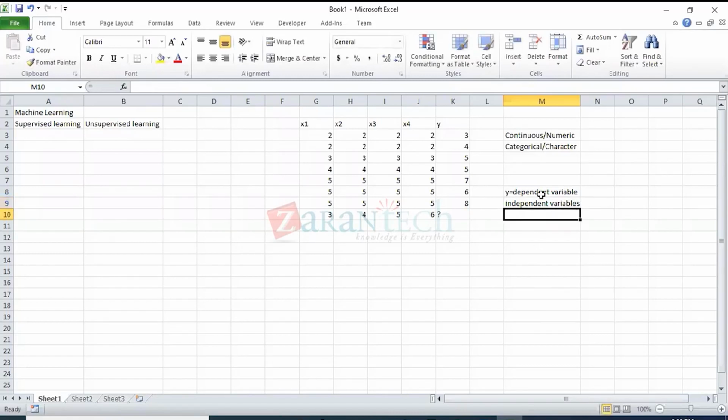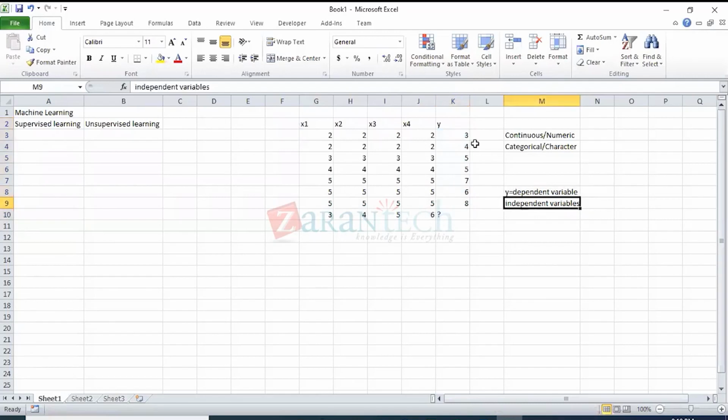Whenever you get the data, this is the first thing that you need to do: what is my dependent variable and what are my independent variables? In any data set, there will be only one dependent variable, while the independent variables can be any number of variables. That doesn't matter, but there is always only one dependent variable.